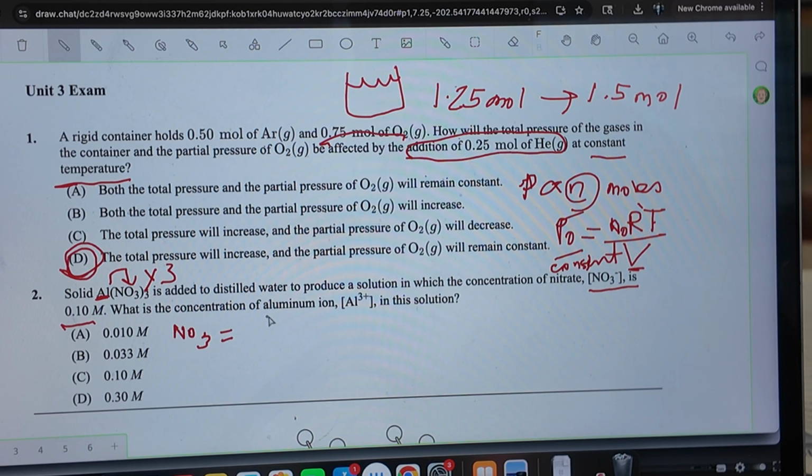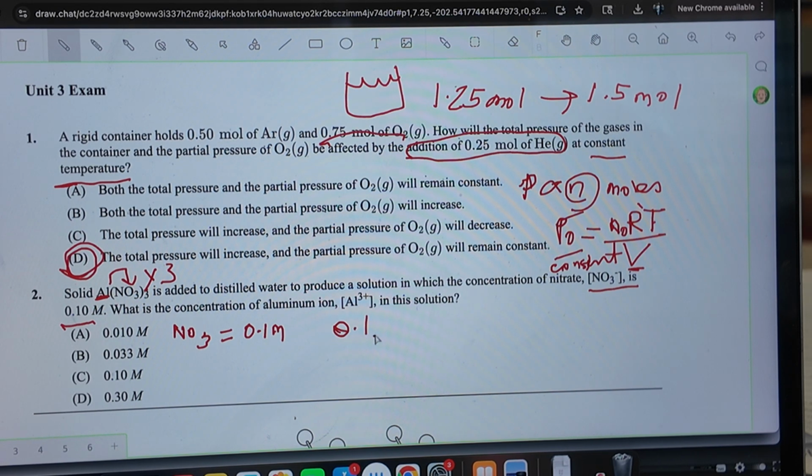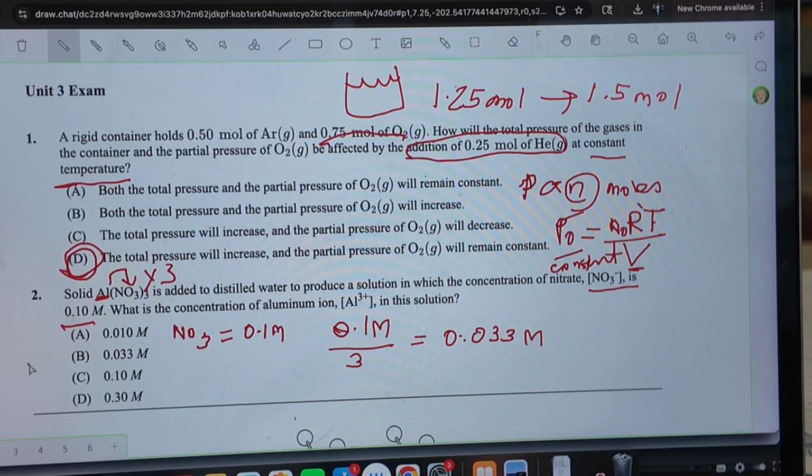Because this is a 1-to-3 ratio, we can divide. So 0.1 moles divided by 3 equals 0.033 moles of aluminum.